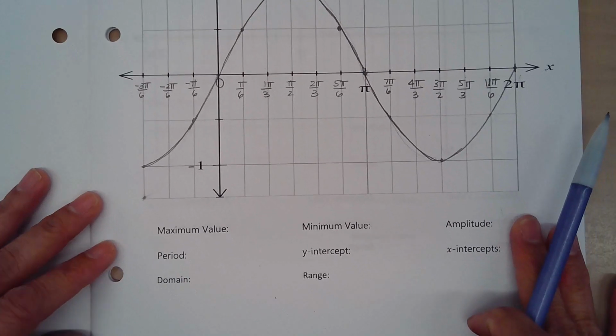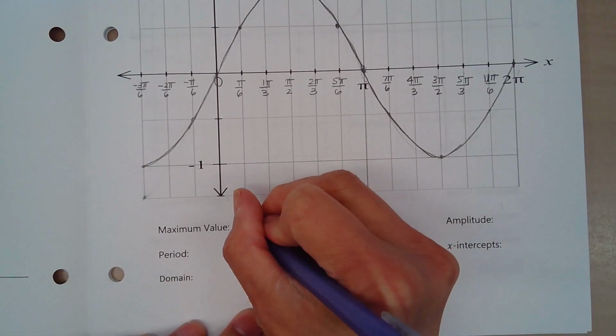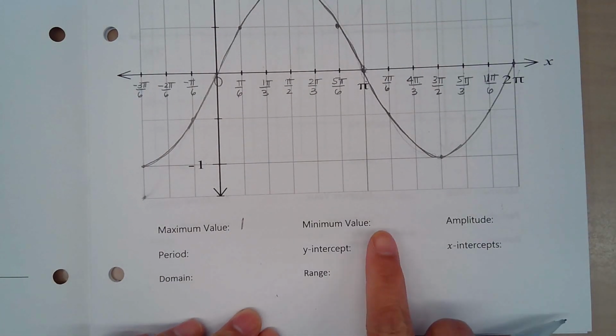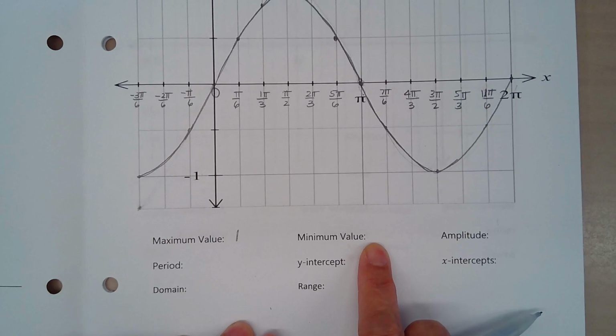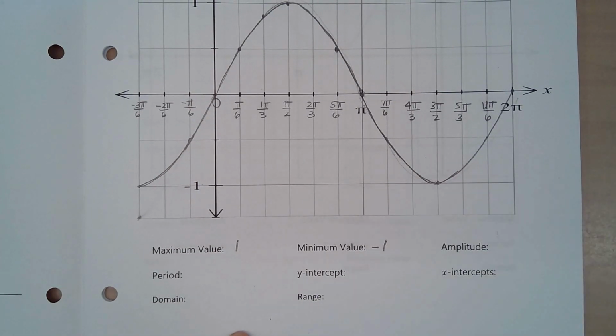Now we're going to take a look at this and say, what's the maximum value? What's the most maximum value that you can have? Positive 1. What's the minimum value? Negative 1.